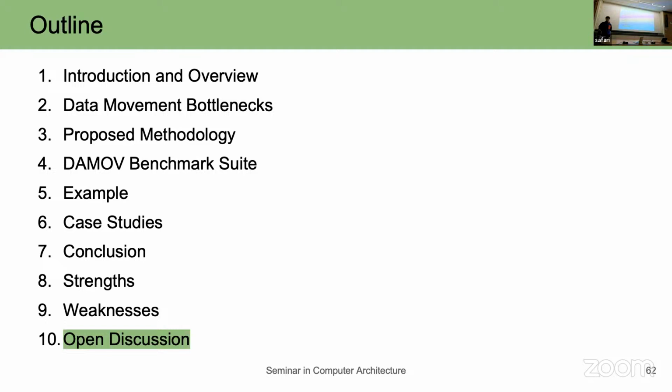So I have a question for you. You mentioned that only a few basic blocks are data movement bottlenecks, right? Do you think it's possible to identify them at the beginning? Can you repeat that? Yeah, sure.